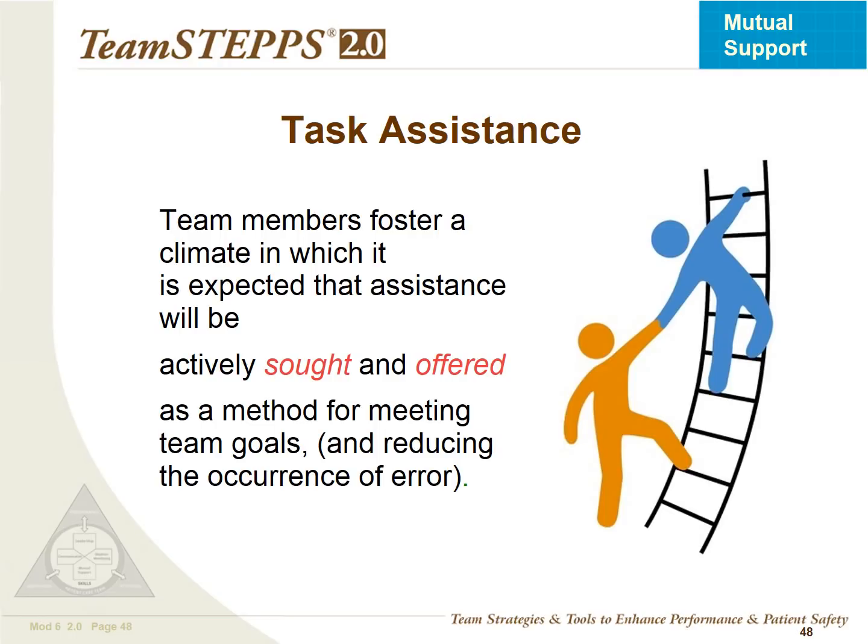So when it comes to task assistance, team members can foster a climate where it's expected that assistance will be actively sought and offered as a method for meeting the team goals and reducing the occurrence of error. Think about it in the situation of a team meeting.